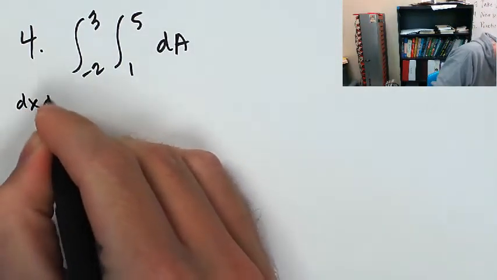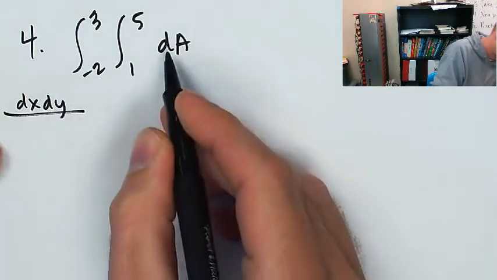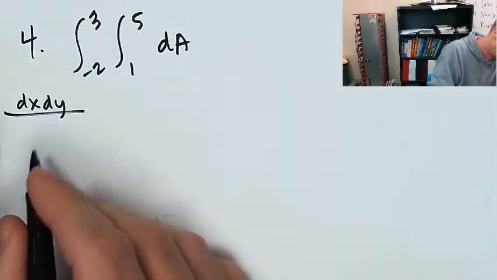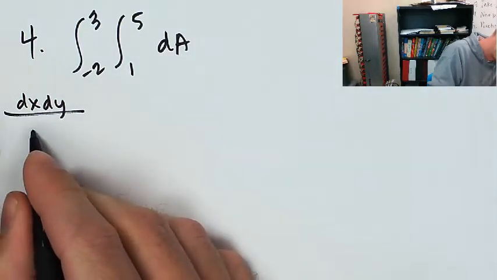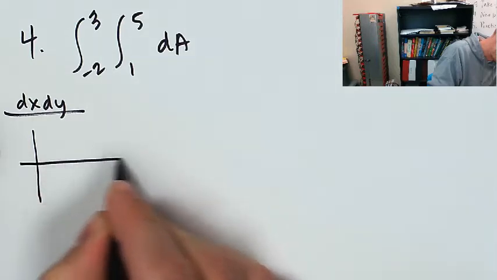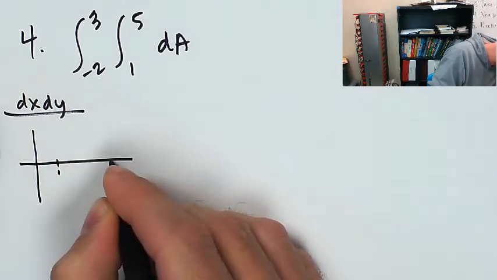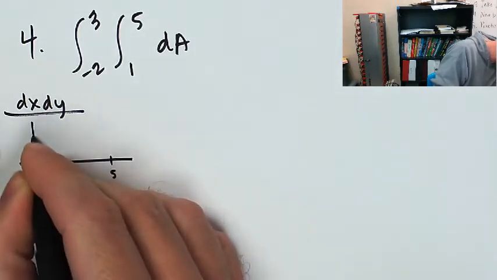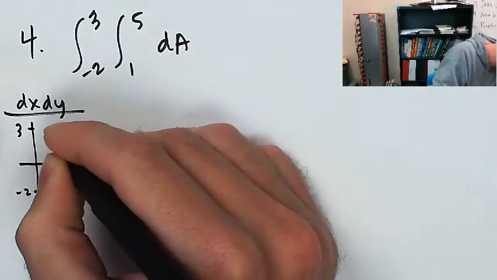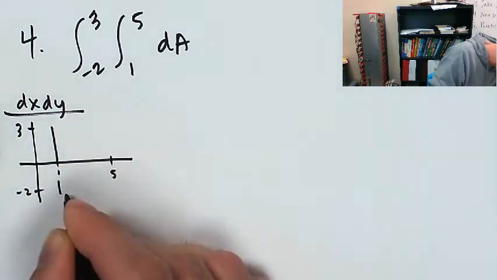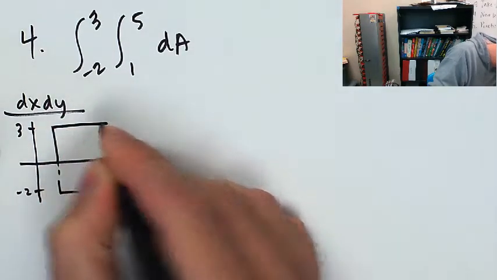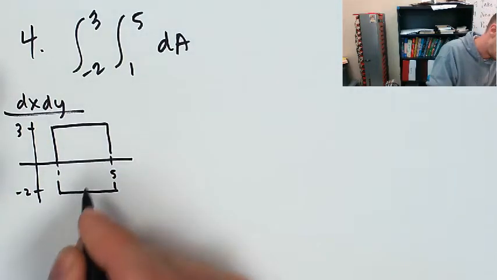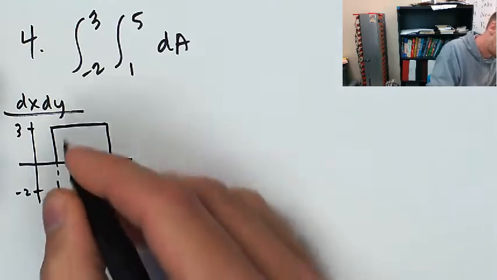Assuming dx dy order, that would be x running from 1 to 5 and y running from -2 to 3. So we put that here. It's a rectangle. And it's got a width of 4 and a height of 5.